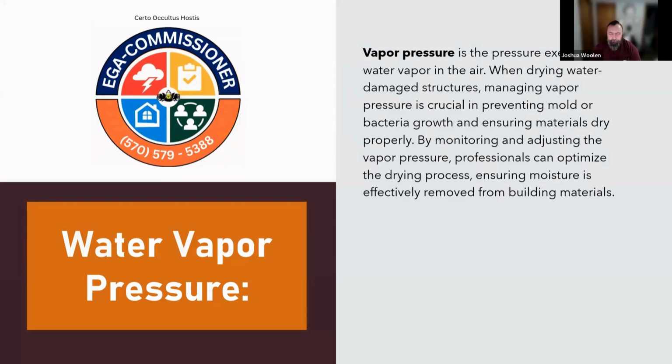Now, when we talk about the amount of moisture in the materials and the surrounding air affecting the vapor pressure in a building, we have to compare it to something dry within that building. To do that, you need to find an area within 10 to 15 feet of the wet location and establish that as your dry point.